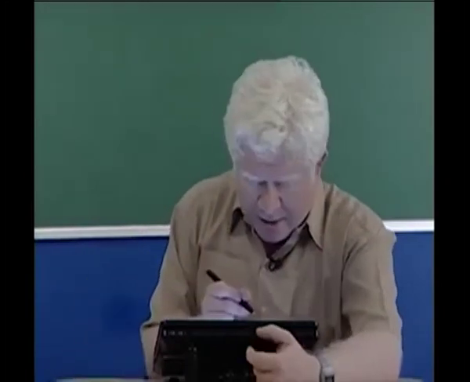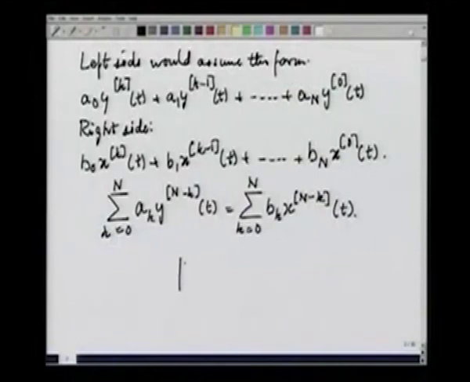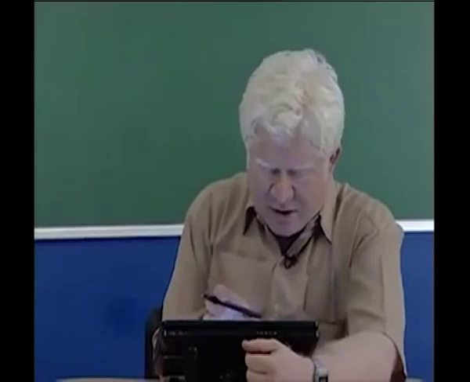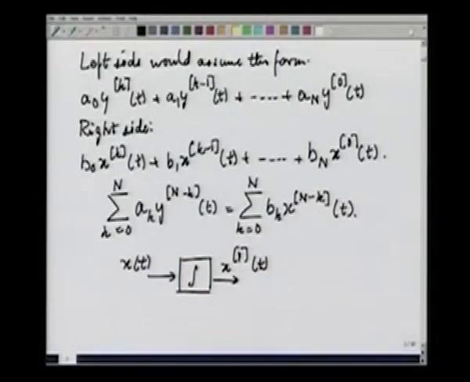In short, we require a block that we have already introduced: you apply to it a function like x(t), and what you get is x1(t). We will have this symbol inside to identify the nature of this block. Now, with this kind of block, can we construct an expression for this? Yes, we can. Let us see how.